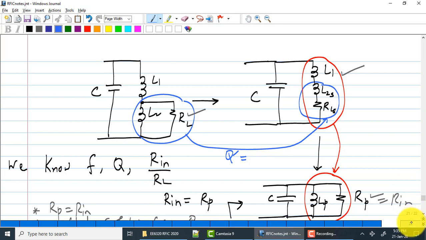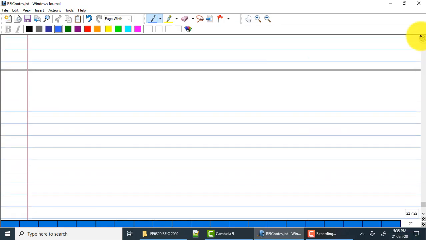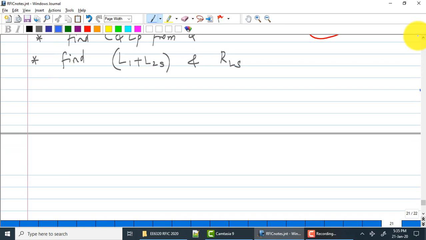So Q prime is equal to root of RL over RLS minus 1. Agreed? What do you do next?